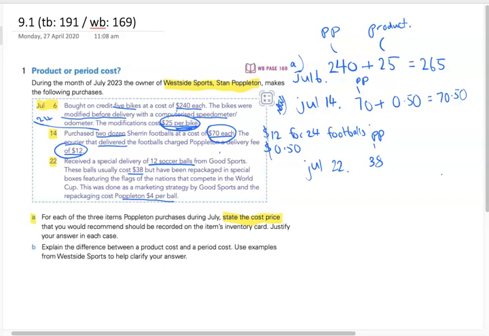Now, with this $4 per ball, is this impacting the condition or location of our sale of our balls? And it clearly is. We've changed the condition of the balls before we sell them to take advantage of the World Cup. So we can logically allocate that $4 to each soccer ball again.